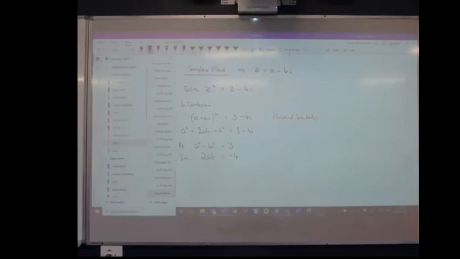So I'm going to rearrange the second equation. So just divide both sides by 2a to get the b by itself. Okay, so b is negative 2 over a. And then I'm going to substitute that back into the first equation. So I'll do that now.